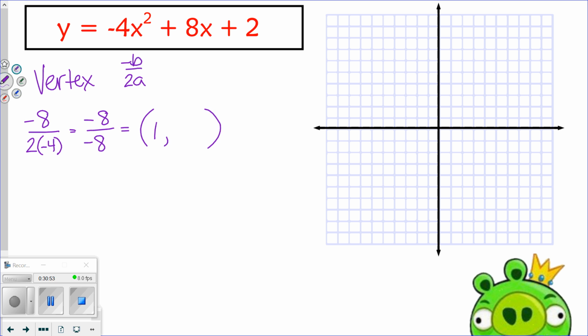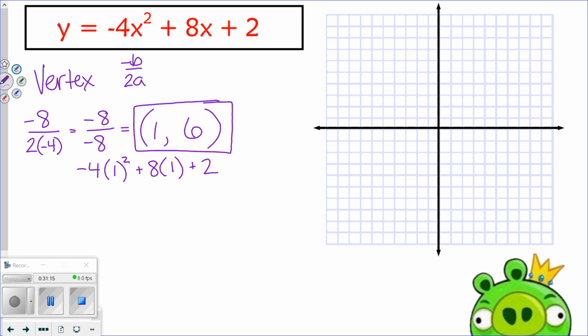And then to find the y part, just plug that back in. And again, if you're typing it in the calculator this time, when you have to plug other stuff in later, it makes it a lot easier. Good, you do get 6. So my vertex is at 1, 6. So over 1, up 6.